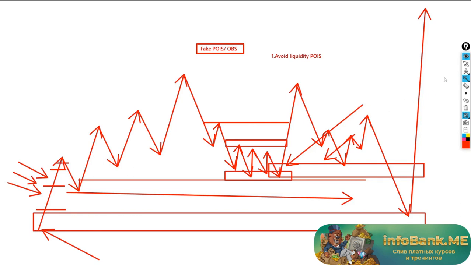Because we understand that the market needs to be balanced out, meaning that we do need to have buy side and sell side liquidity being offered at both times in the market. So that is pretty much the first idea I wanted to discuss with you, which is avoid POIs that are sitting on liquidity, and we just went through that.